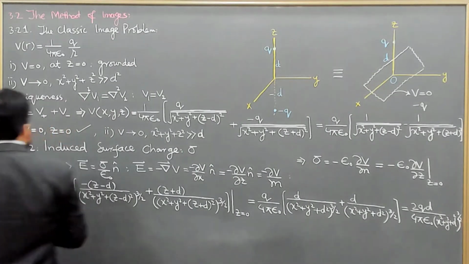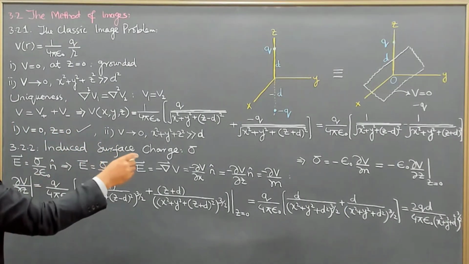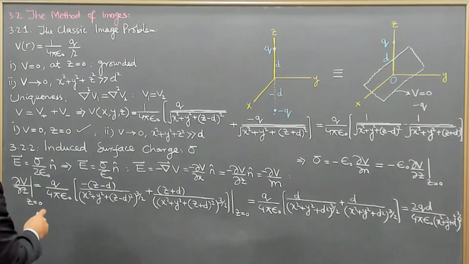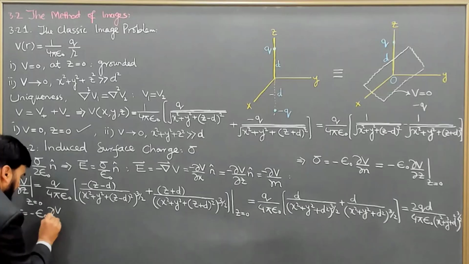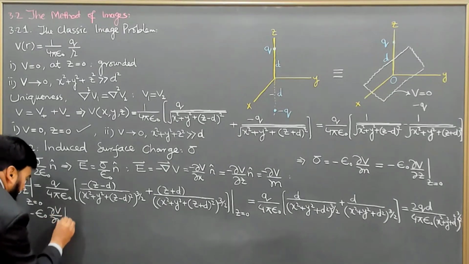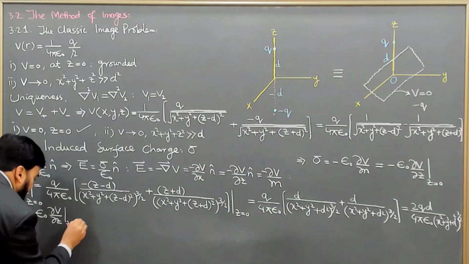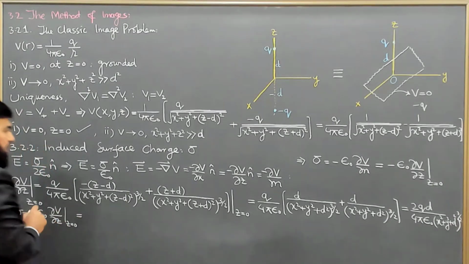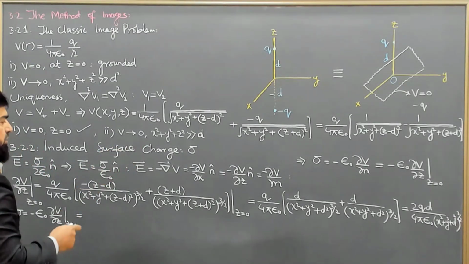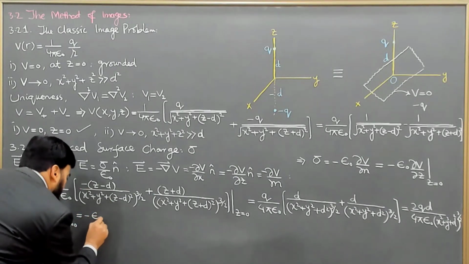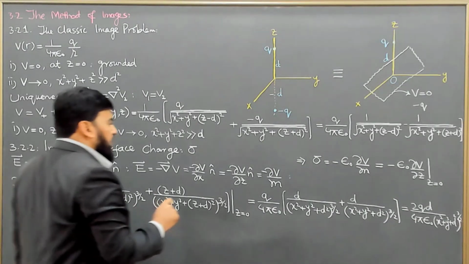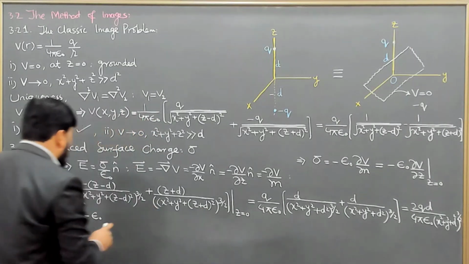Now I can write the value of sigma. Sigma is minus epsilon naught times this. So sigma comes out to be minus epsilon naught times the partial derivative of V with respect to z at z equal to 0. And I will just multiply the result with minus epsilon naught. So minus epsilon naught, and then let me write the result.